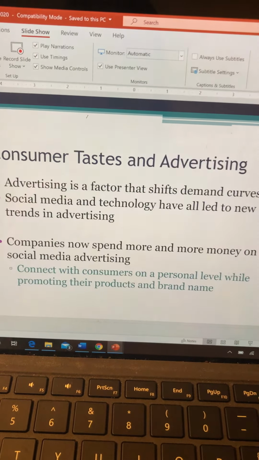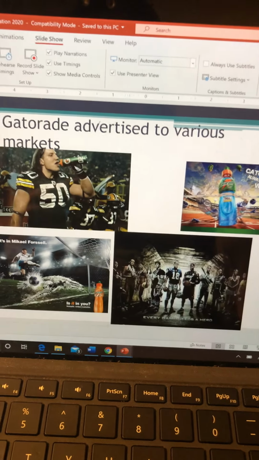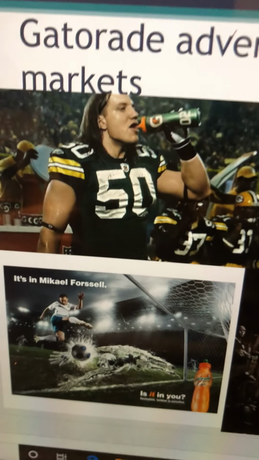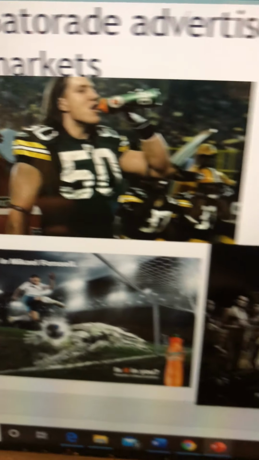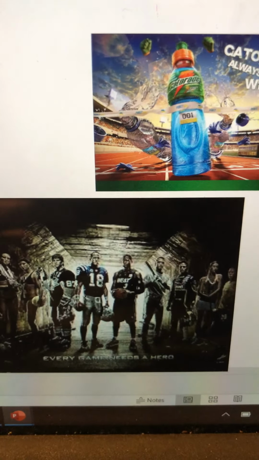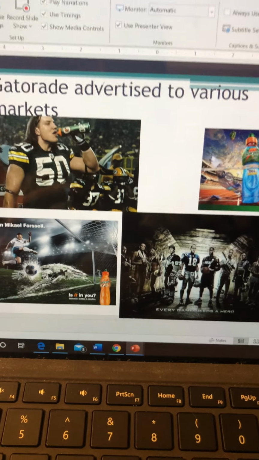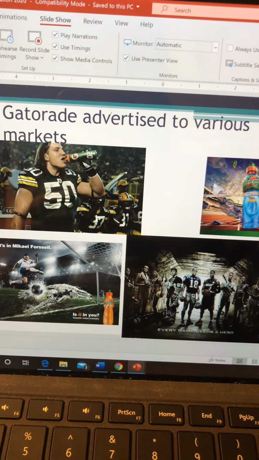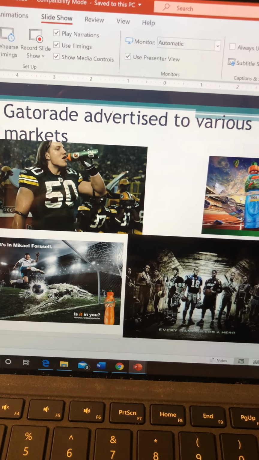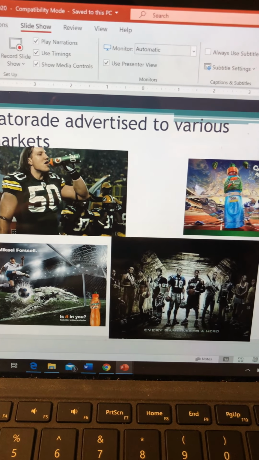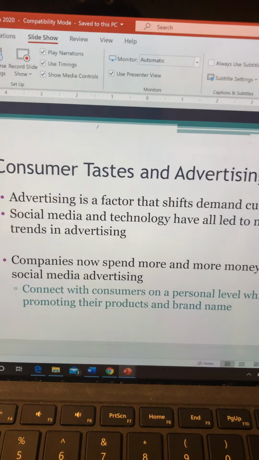All right. What else? Ooh, went too far. So these are Gatorade advertisements, right? If you see, they're all actually different. Football, soccer. These are all different athletes. Gatorade always wins. So these could be tailored towards athletes, obviously that demographic. But we could go on and on about social media targeting ads to certain demographics.